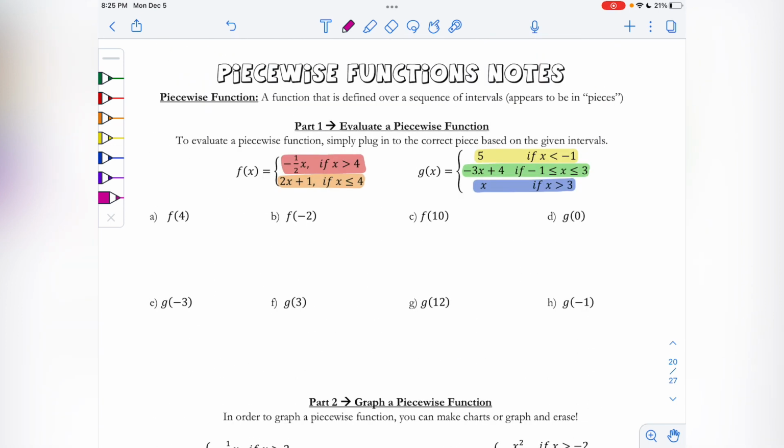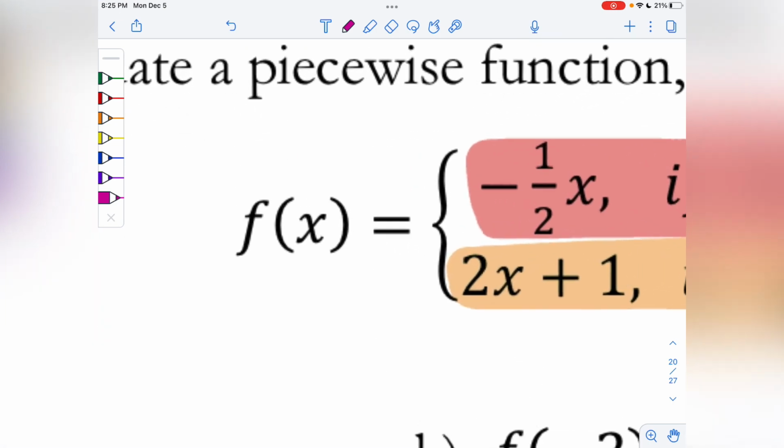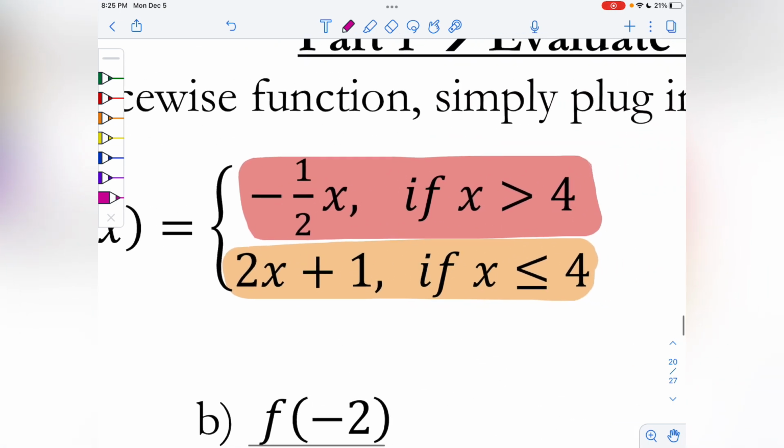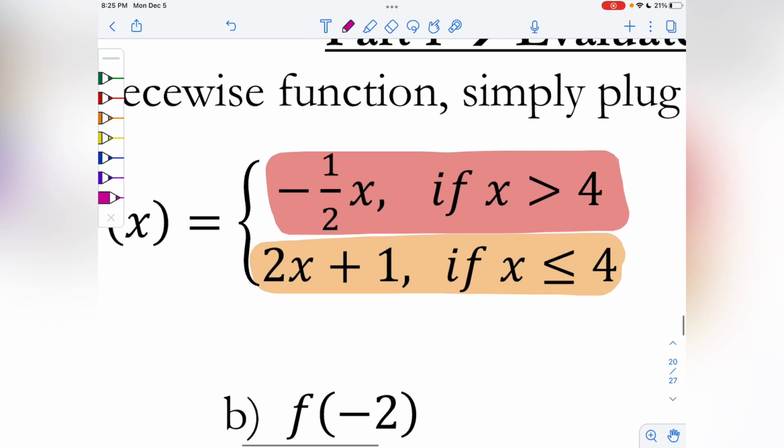I already color-coded each little piece of these functions. So if you want to pause and do so as well, feel free to do that. There's two functions. There's f of x, which has two pieces. The red piece is defined by the equation -1/2 x, but that only happens if x is greater than 4.